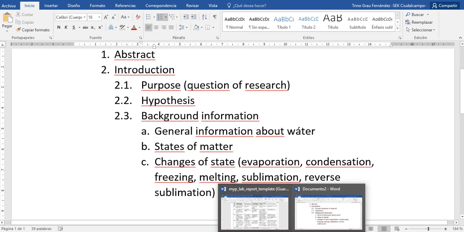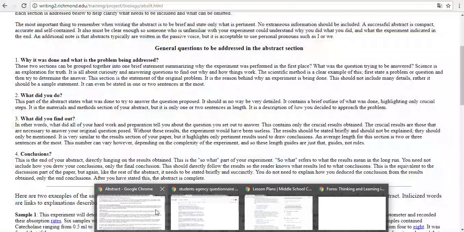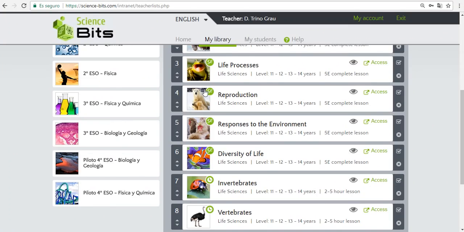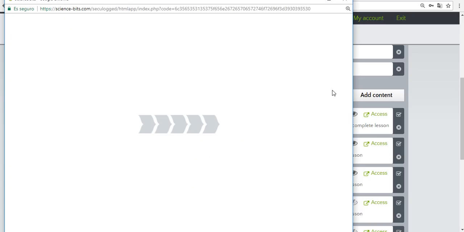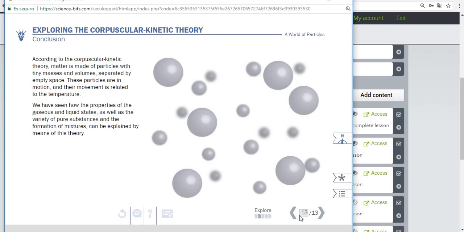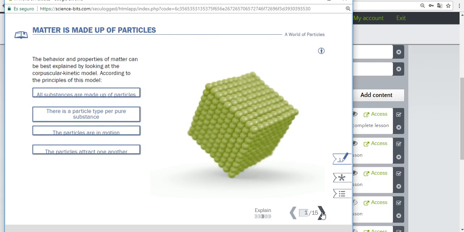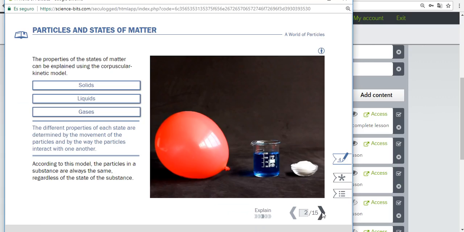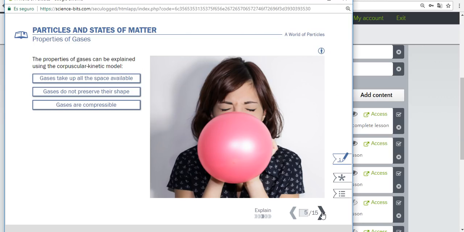To look at the corpuscular kinetic model, you need to go to Science Bits, and in Science Bits, in unit 2, okay, unit 3, sorry, here you have some information about the corpuscular kinetic model here, and the states of matter here, and the changes of state here.